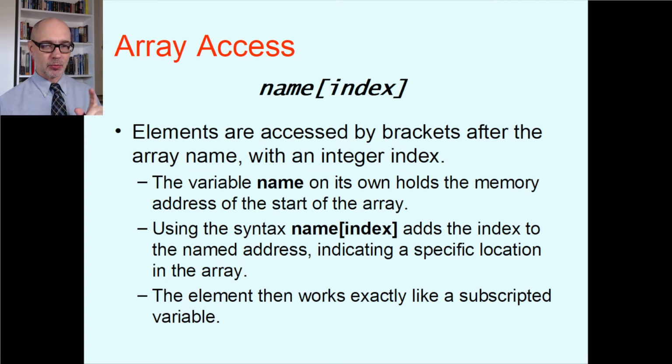That might seem like a really technical little fine point, but that'll be important in about 5 slides if I recall correctly. So when you write down name bracket index, what the computer actually does is it takes the address of where the array starts, it takes the index and just adds them together. It just does a plus on them. And that's the address of where your variable is, right?